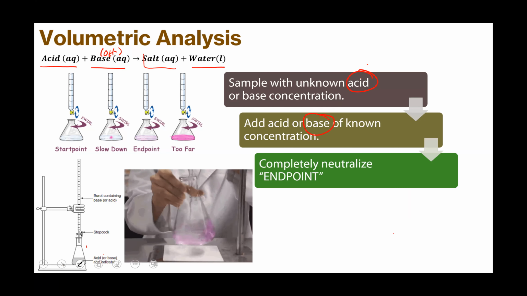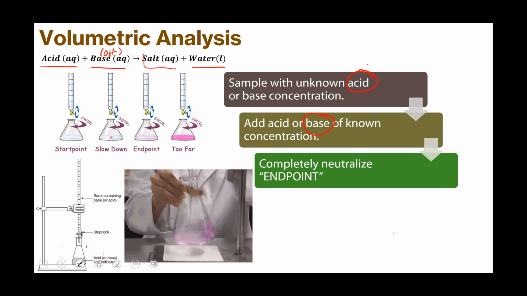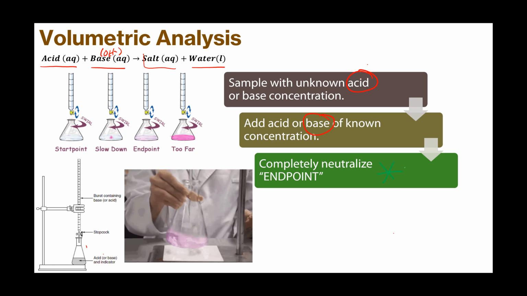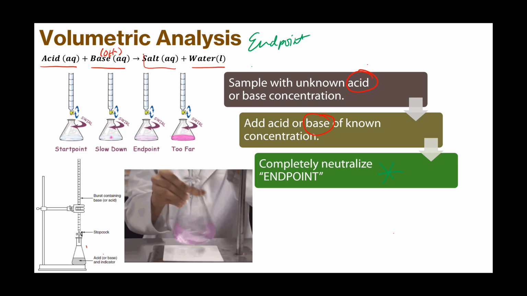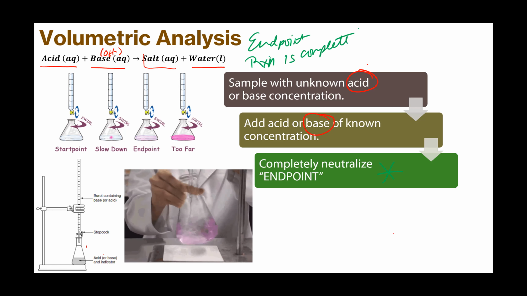We're going to completely neutralize the reaction. That means we're going to get to the end point. The end point is this special point in the reaction. At the end point, the reaction is complete, right?